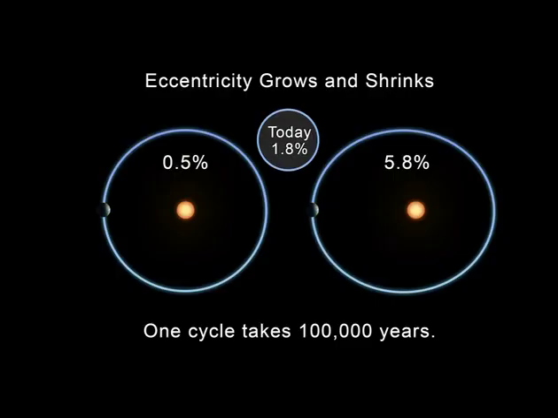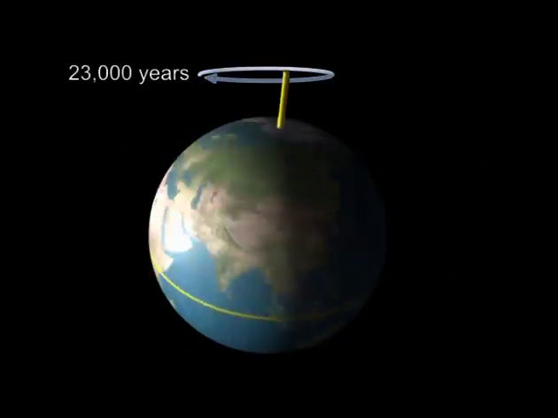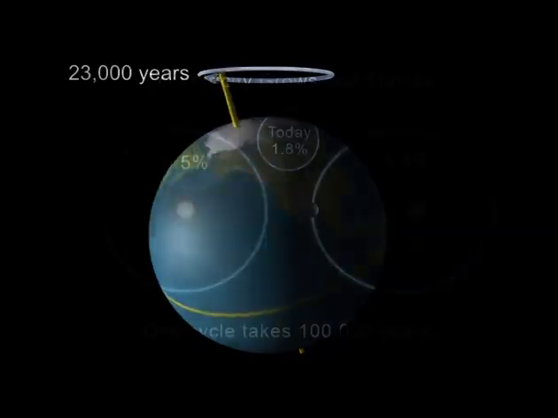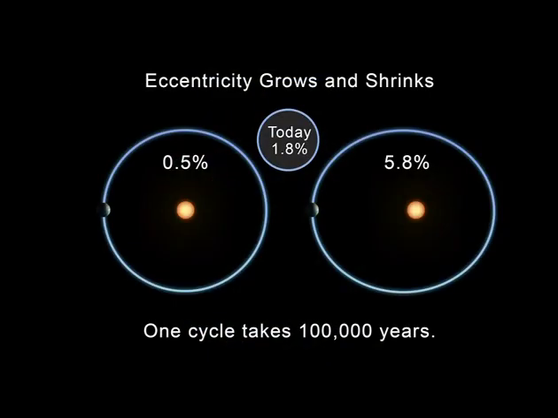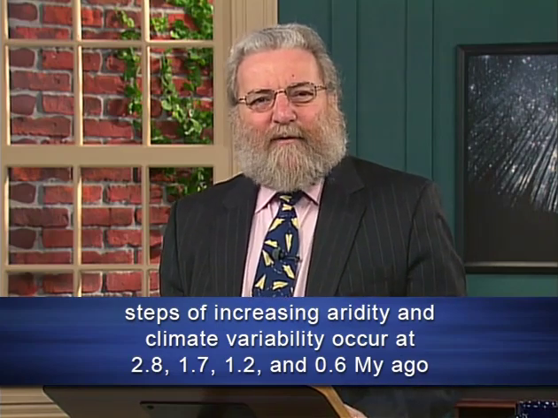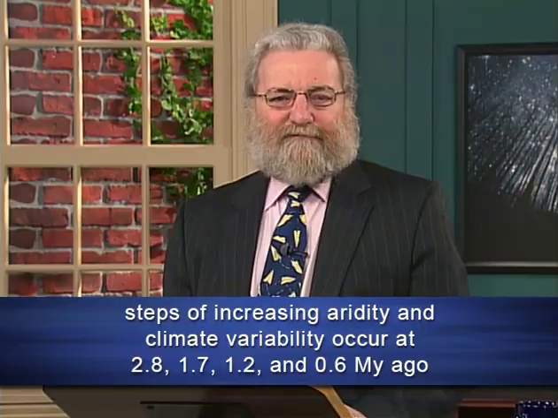Why this is so, why one cycle of Earth orbital changes dominates at one period of history and another cycle at another, is unclear to everyone studying this problem. However, particular steps in increasing dryness and climate variability are known to occur from these deep-sea records at 2.8, 1.7, 1.2, and 0.6 million years ago.